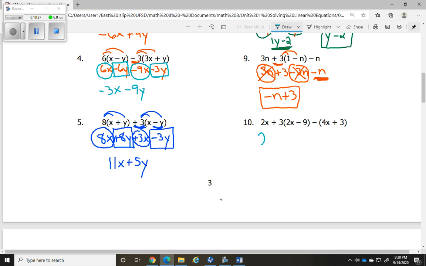I'm not going to touch this 2x yet. I will distribute that 3 to get plus 6x minus 27. I will distribute this negative 1 to get minus 4x minus 3.